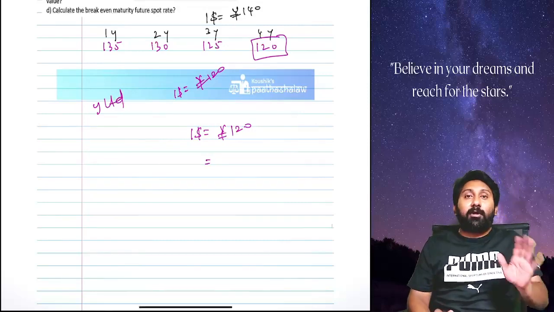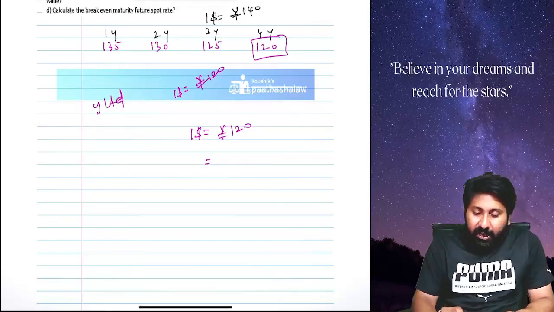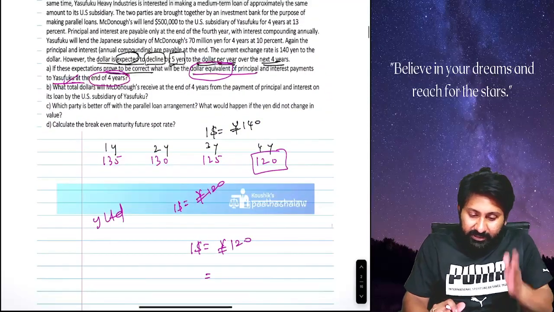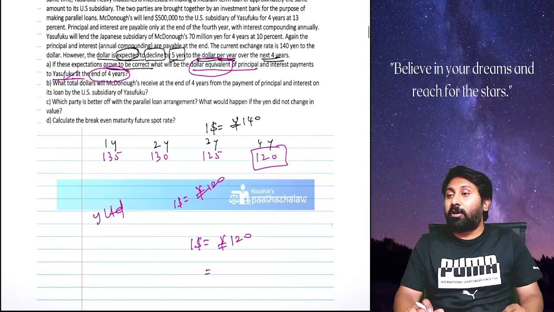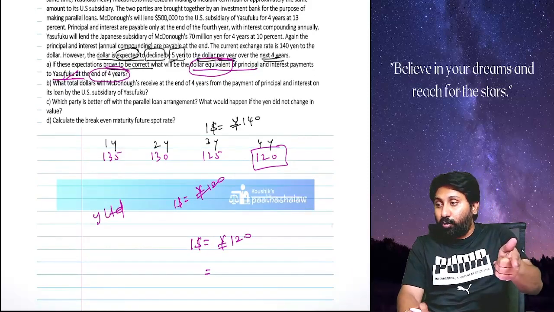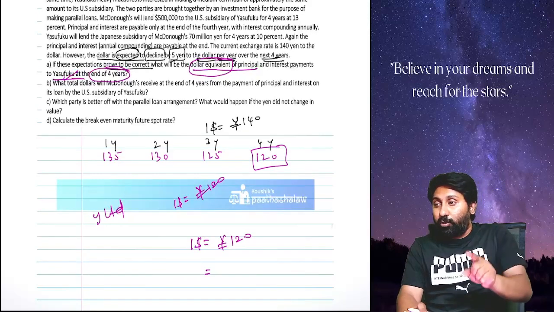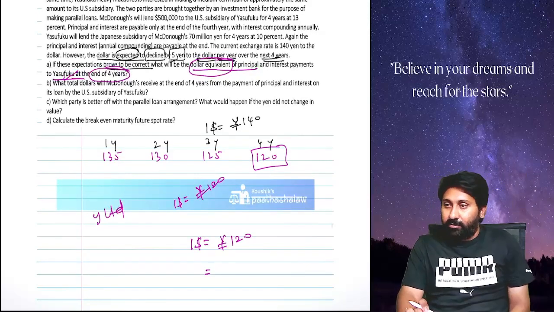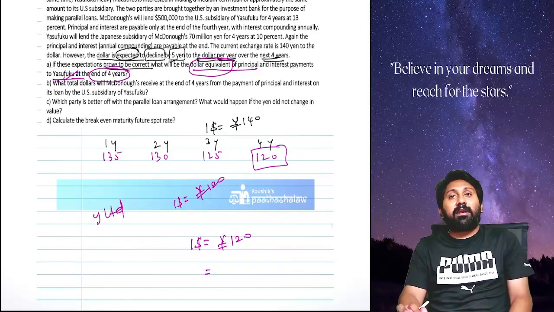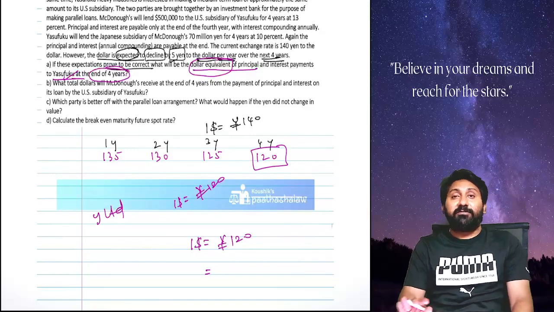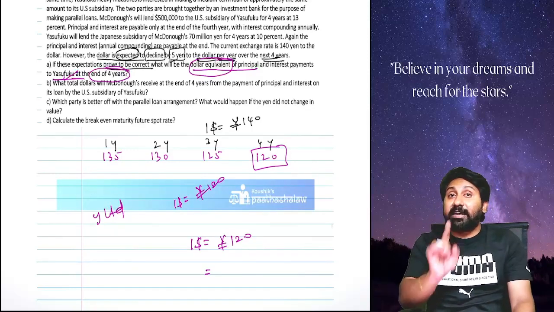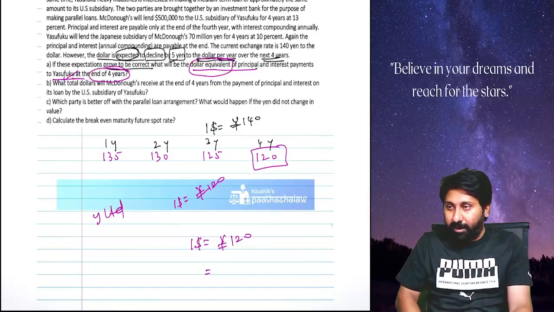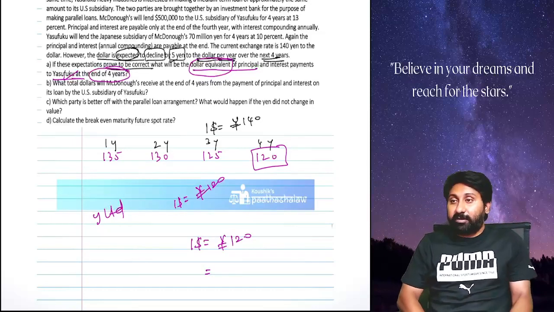I need to pay how much? Y Limited's payment represents what? Y Limited has given a loan to the US subsidiary. How many million yens? 70 million, which is equal to how many crore yens? 7 crore yens were given to that company.